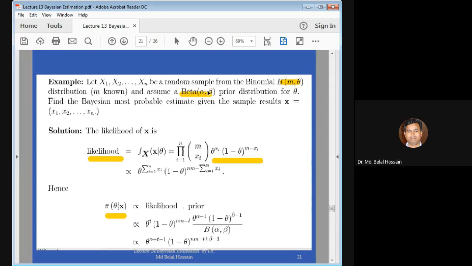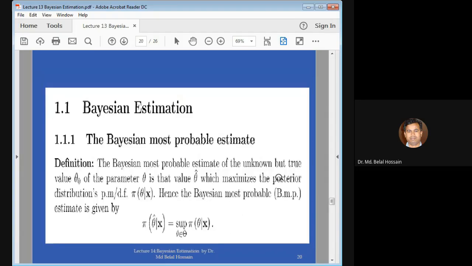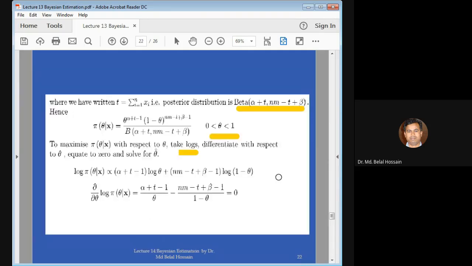So this one is the prior distribution and this one is the posterior distribution. And the likelihood function in the middle is the product of all the independent probability functions. Okay, so this is the Bayesian estimation and the Bayesian most probable estimate.